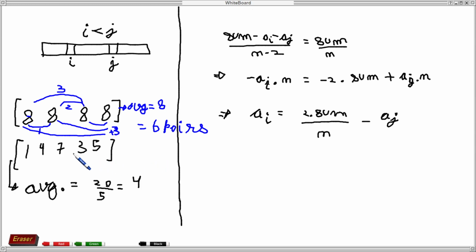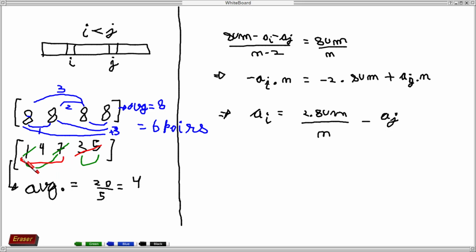Now in example 2, we can see that the average is 4. Here also we can pair 1 and 7, or 3 and 5. If we pair 1 and 7, then we are left with 4, 3 and 5, whose average is also equal to 4. Now if we remove 3 and 5, then we get 1, 4 and 7.